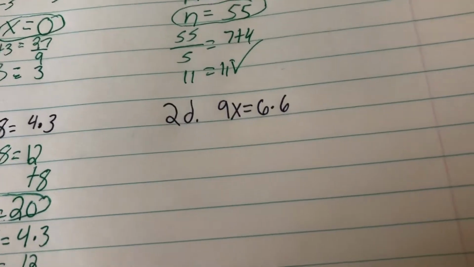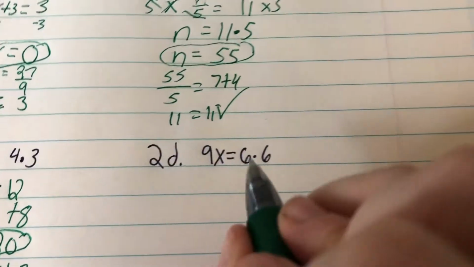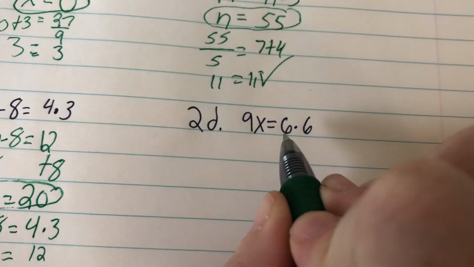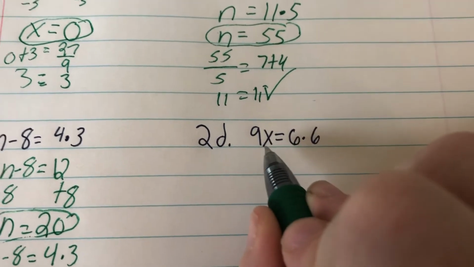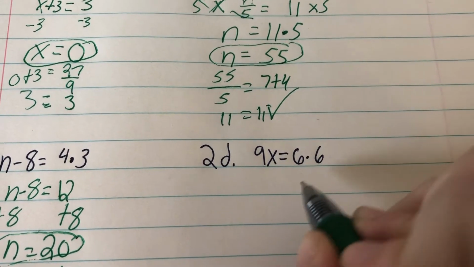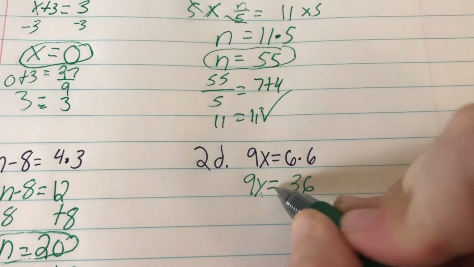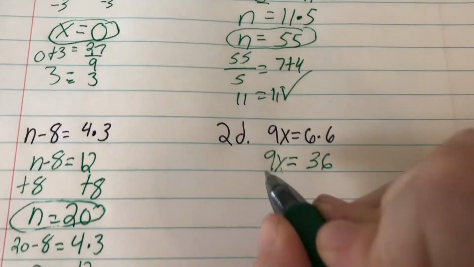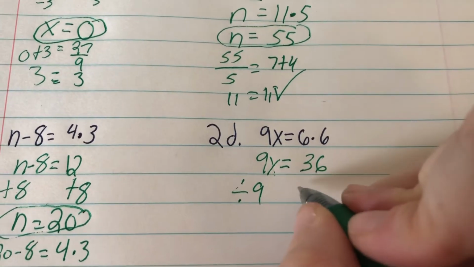Now we're going to skip on to 2d. We're doing the exact same thing. So 9x equals 6 times 6. Remember, when it's a letter and number next to each other like that, it means it's times. So 6 times 6 is 36. So 9x equals 36. So then I'd have to divide both sides by 9 to get x by itself.